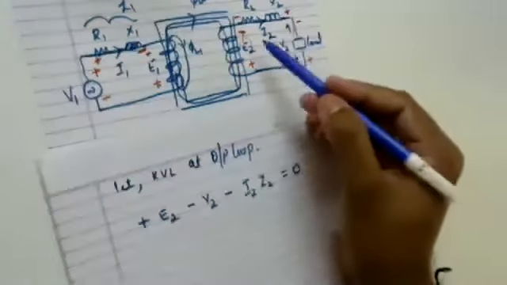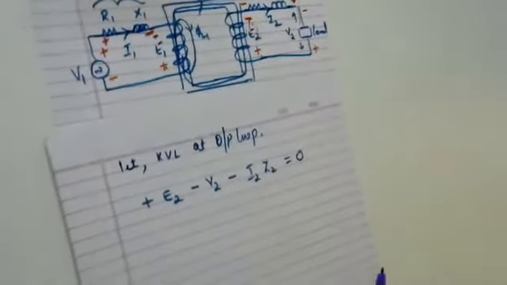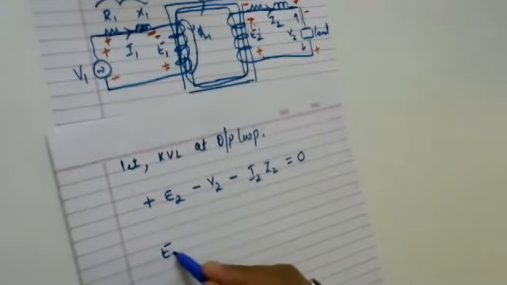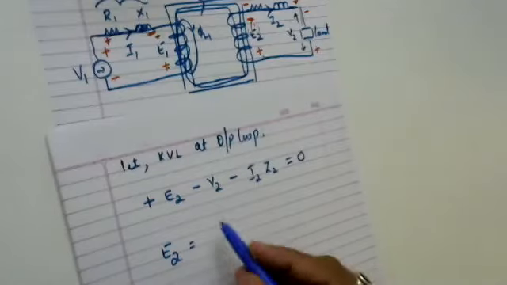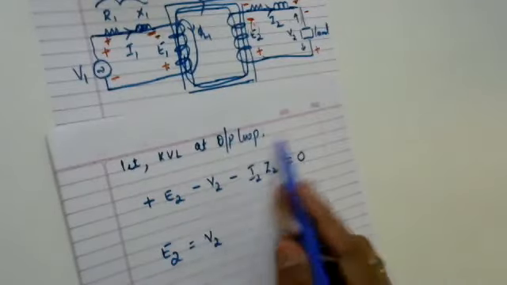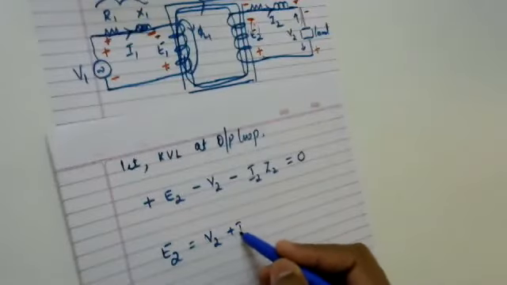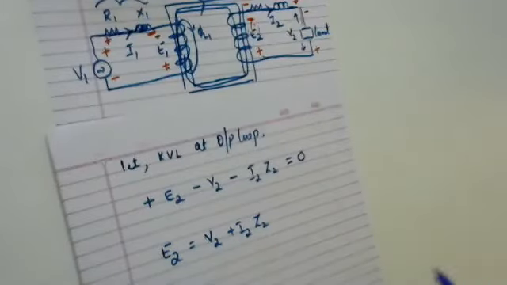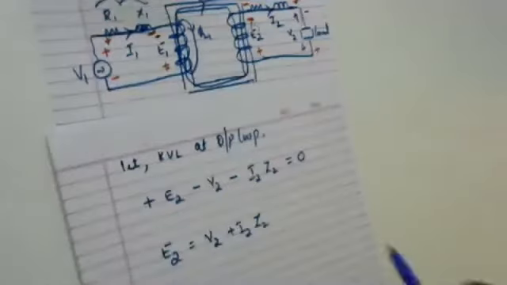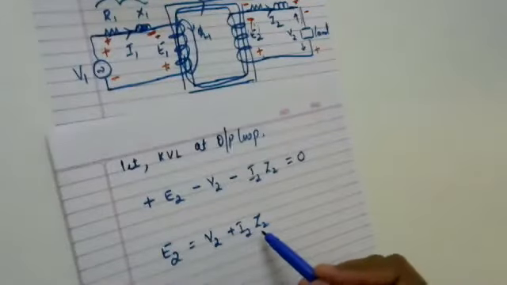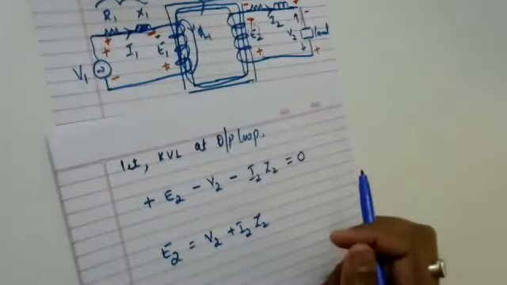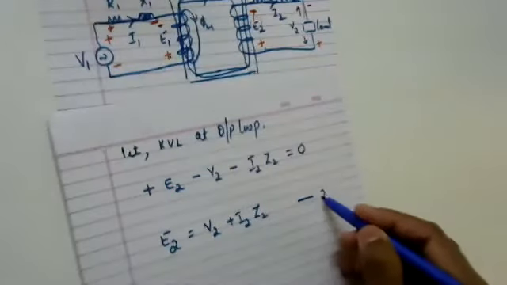Since E2 is acting as a source, here I'll write an equation for E2. So E2 will be equal to V2 plus I2 into Z2. Let me call this equation number 2.